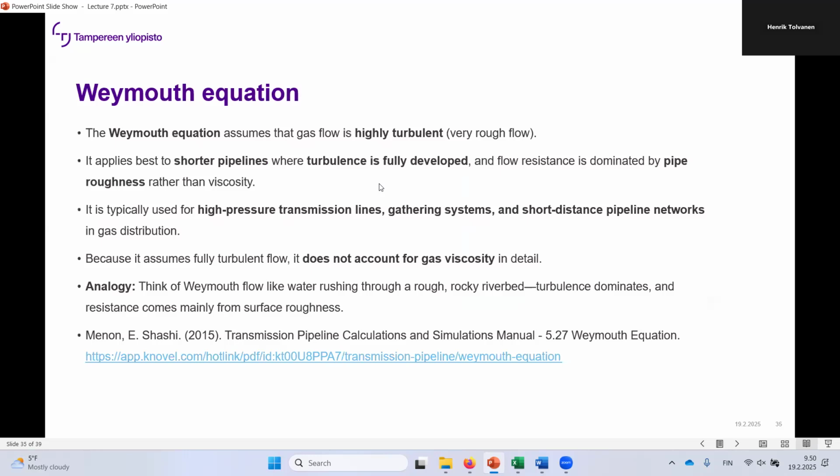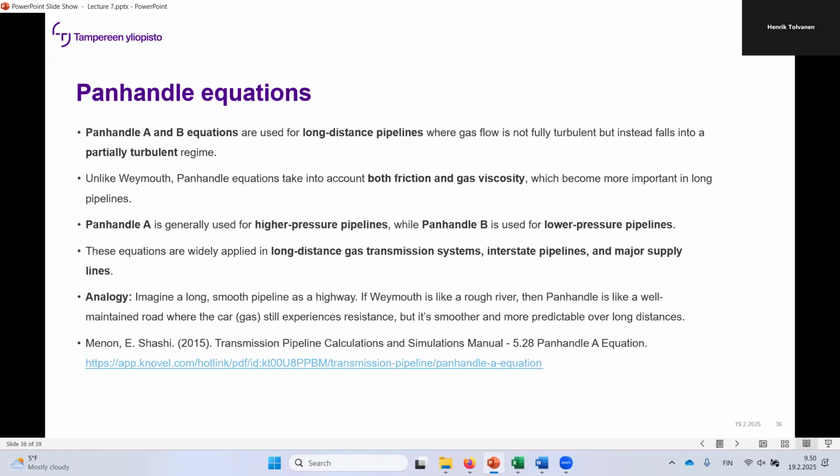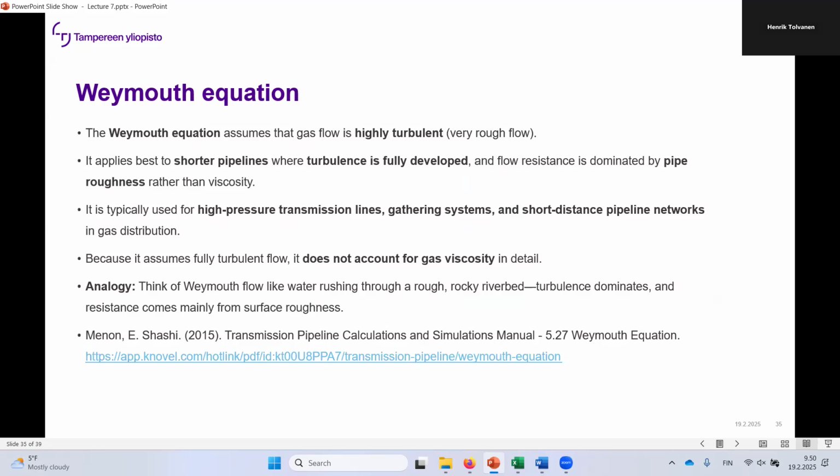But there are the Weymouth and Panhandle equations, and they are commonly utilized in natural gas and also hydrogen networks. What they allow you to do is calculate the flow based on pressure difference. It's the same as in the Darcy-Weisbach, but this doesn't require as exact information. For example, the friction factor is a looser determination in these ones.